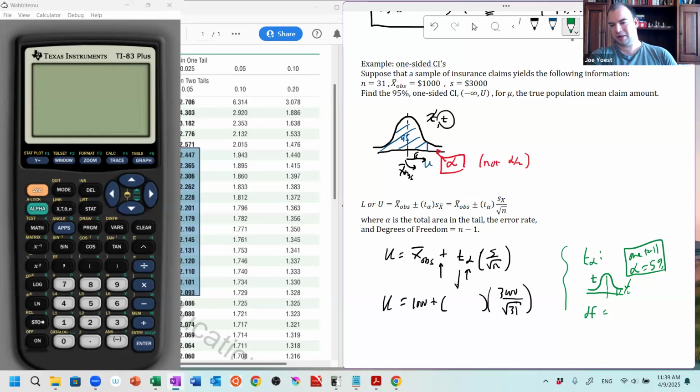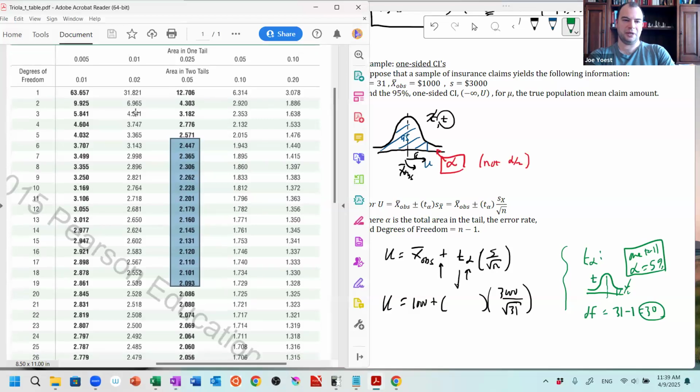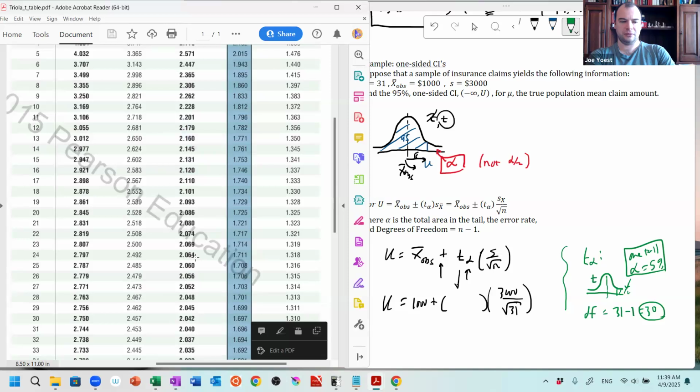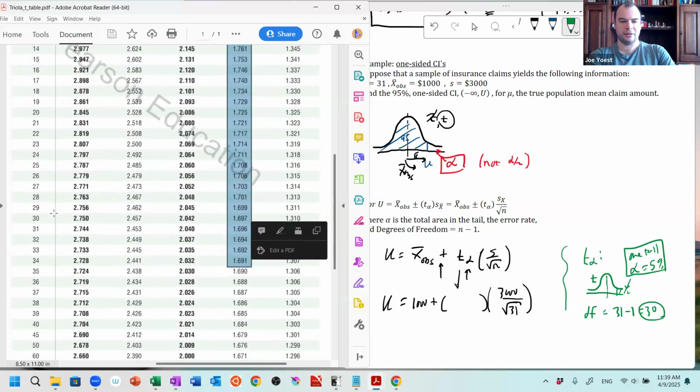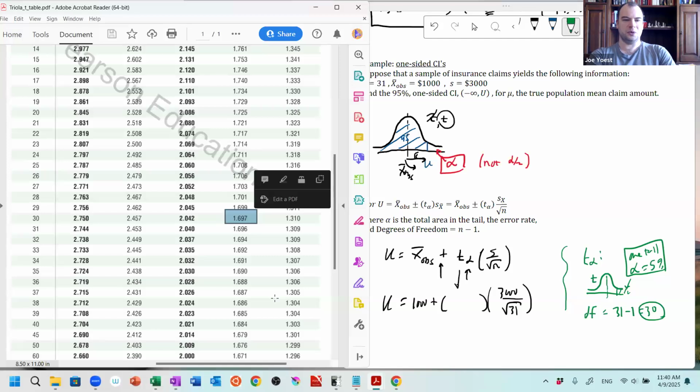My degrees of freedom is n minus 1, 31 minus 1, or 30. So I'm looking for the T index corresponding to a one tail area of 5% on the T distribution with 30 degrees of freedom, 1.697.